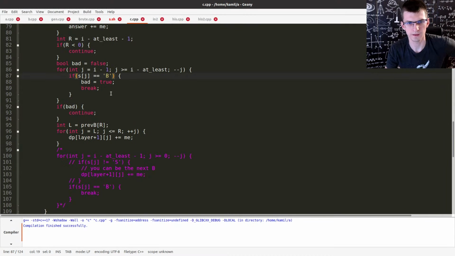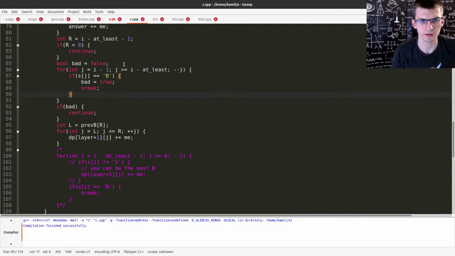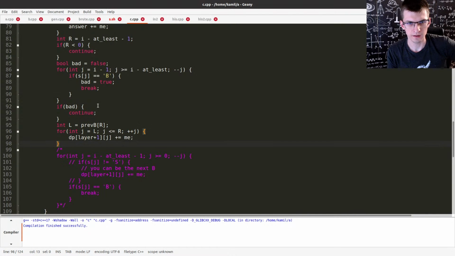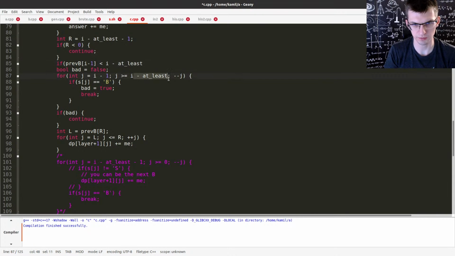Cool. This is good. Maybe this is not the strongest test because there aren't a lot of B's. It's fine. This checks if there is any B here: previous B of I minus 1 smaller than I minus at least. Right, because we check up to that.